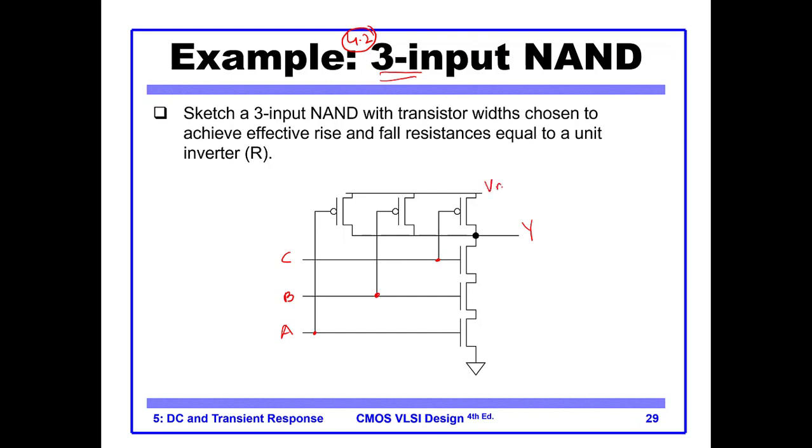This is our VDD, this is our ground. And we have the 3 NMOS connected in series in the pull down network.